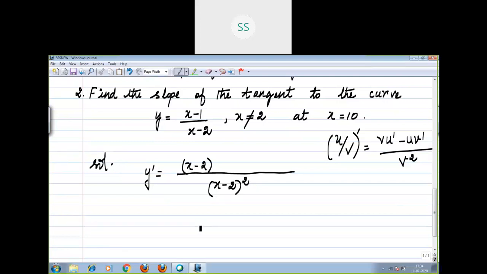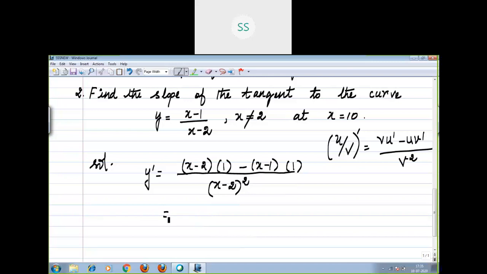You are going to differentiate; your u is x minus 1. When you differentiate x, you will get 1, the minus 1 will act as 0, so you need not write it. Minus, what is your u? x minus 1. What is your v dash? v is x minus 2. You are going to differentiate, that also you arrive at 1.